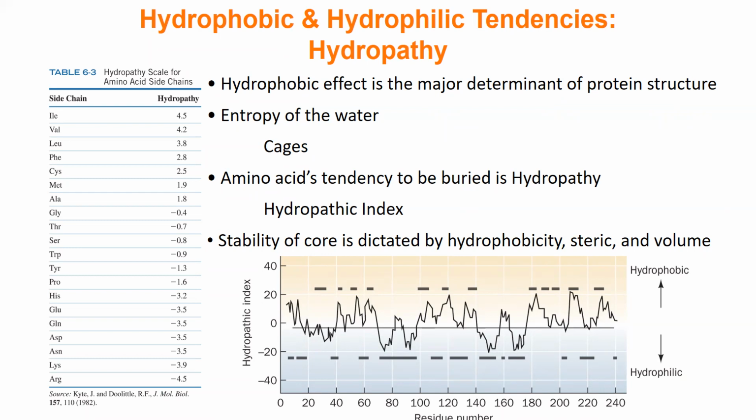Just from primary sequence, we can predict this part of the protein will probably be buried on the inside, this part of the protein is going to be on the outside. And this is called hydropathy, or the hydrophobic scale, hydropathy scale.